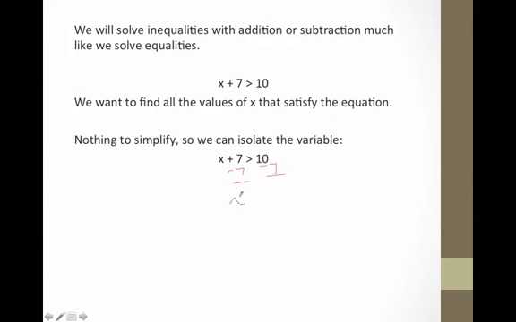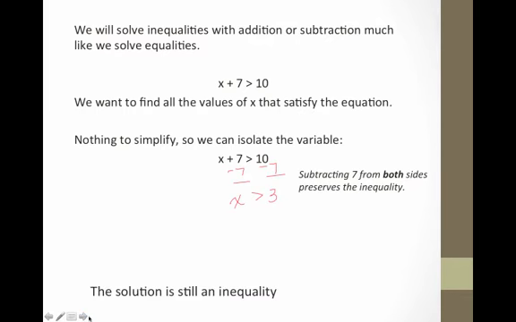And I find that x is going to be greater than 3. And like I said, subtracting 7 from both sides preserves the inequality, so nothing has changed. I know that if I have a number greater than 3, it will satisfy this inequality. Okay, so this solution, x is greater than 3, is still an inequality.